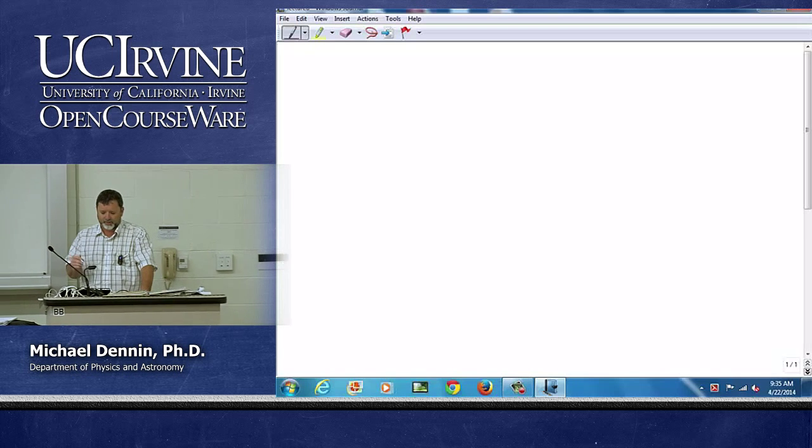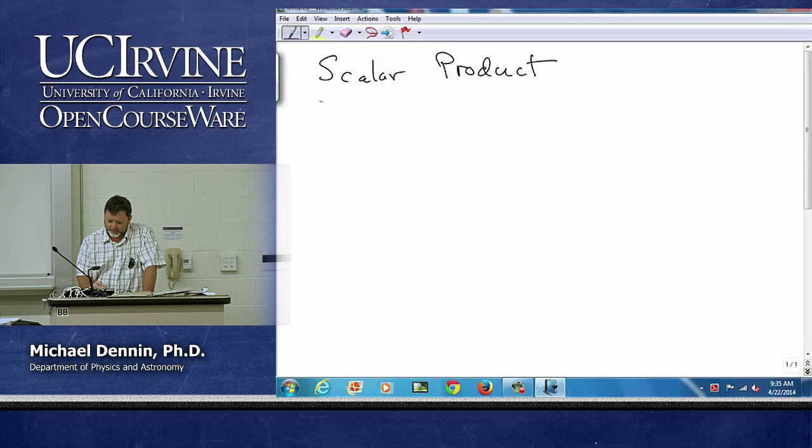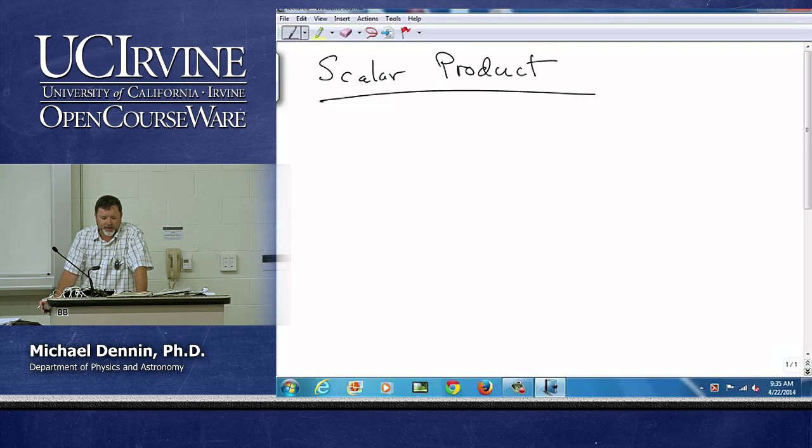Now, the one thing we closed with in the last segment that I just want to quickly re-emphasize is the idea of scalar product and how it's often defined.